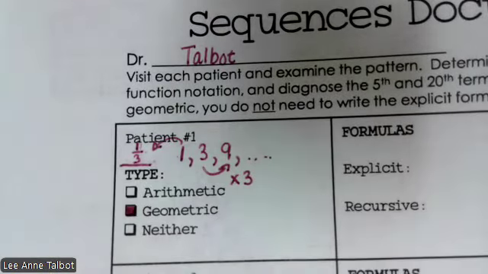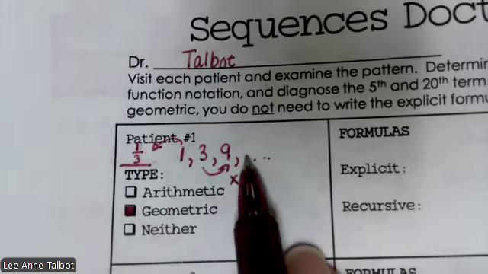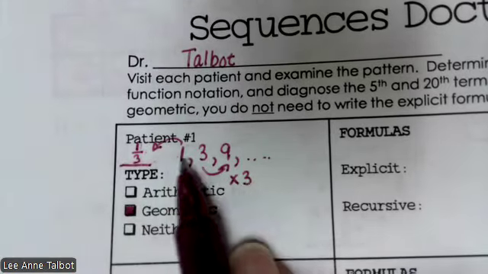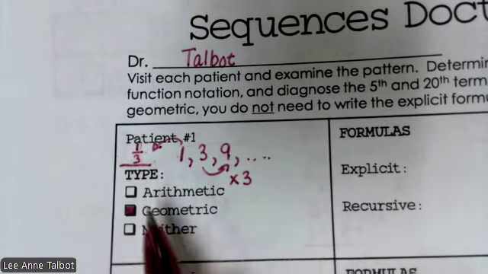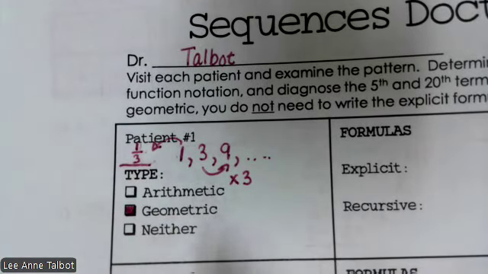Okay, any questions so far? You guys good? Okay, so step 1 is to look at the paper, figure out the sequence, do the arrows, figure out the growth and term 0, and pick the type.